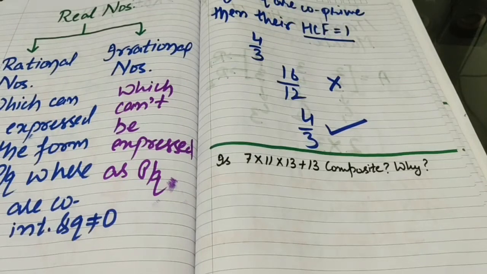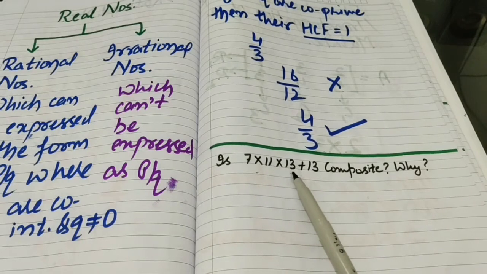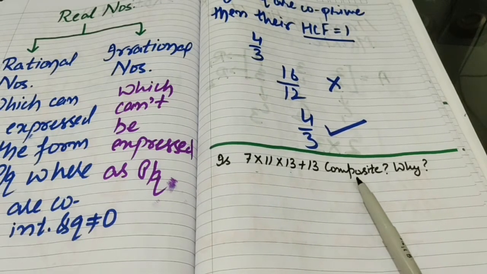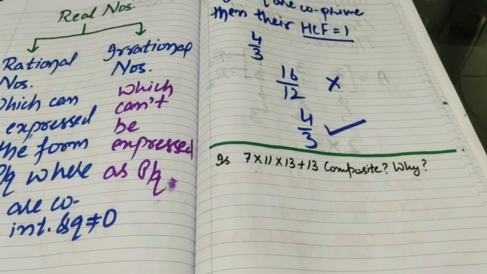Next, in real numbers, let us discuss one more type of problem. We may have questions like, is 7 into 11 into 13 plus 13 composite, and why? Well students, in the beginning of this chapter, we did the concept of prime numbers and composite numbers.